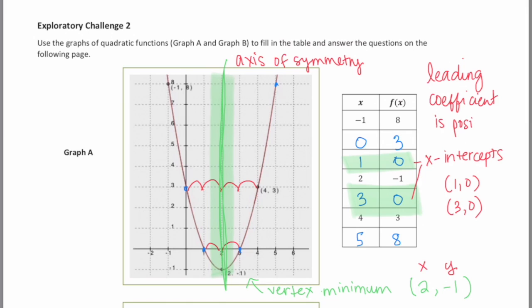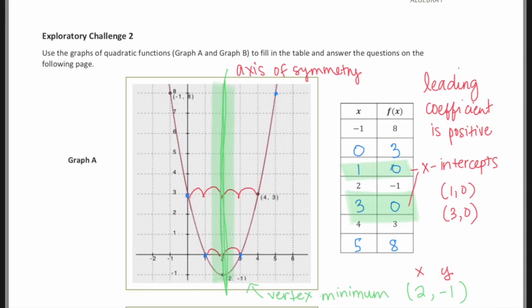One thing for you to notice is that the leading coefficient of this equation, even though I don't know, and that's not the purpose of this particular video, what the equation is, my leading coefficient I know is positive because this parabola opens up. Whenever you have a vertex that's a minimum point of the graph, that means most of your points are going to be lying on positive y's, so your leading coefficient is going to be positive.